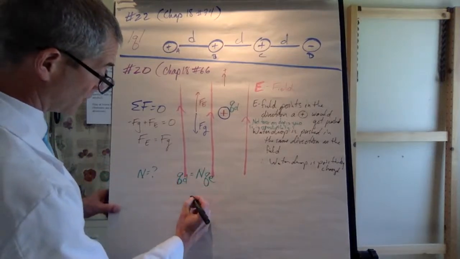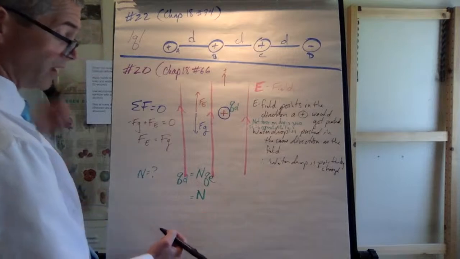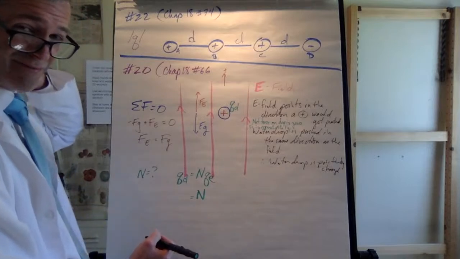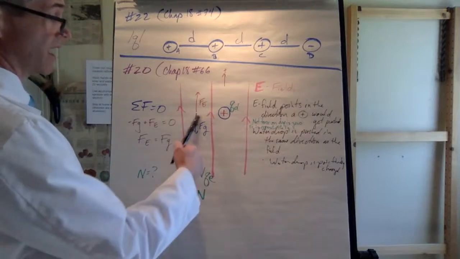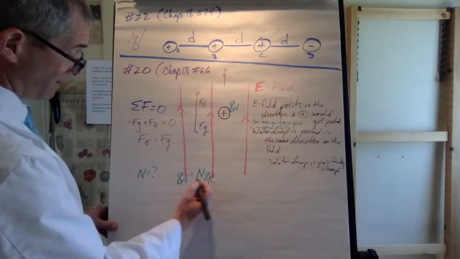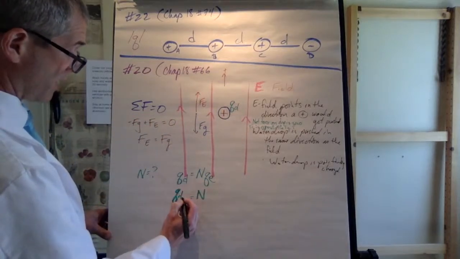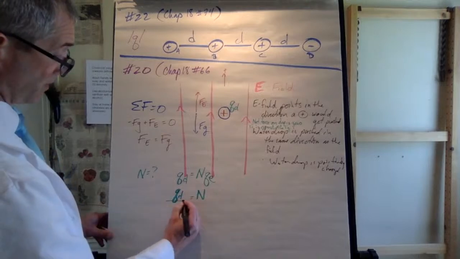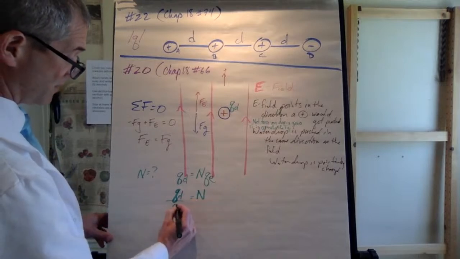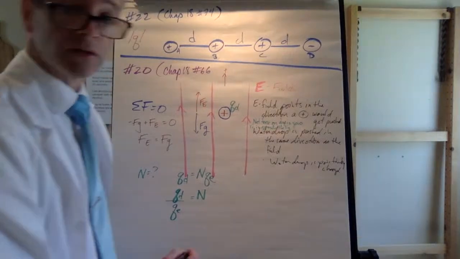So I'm trying to find N, the number of excess, or actually removed electrons, because extra would be negative. I had to pull them off. So I need to find the charge of the drop, and that's going to be divided by the charge of the electron.